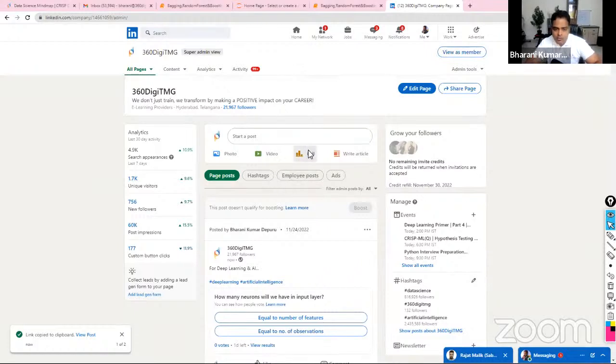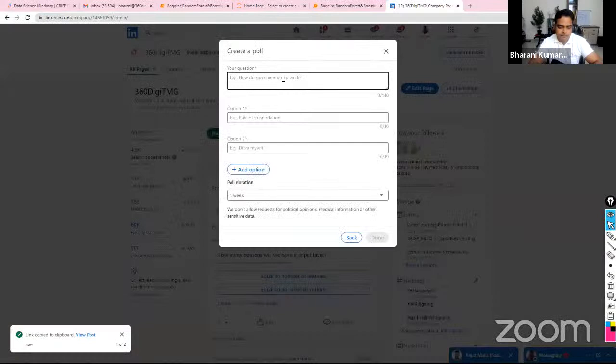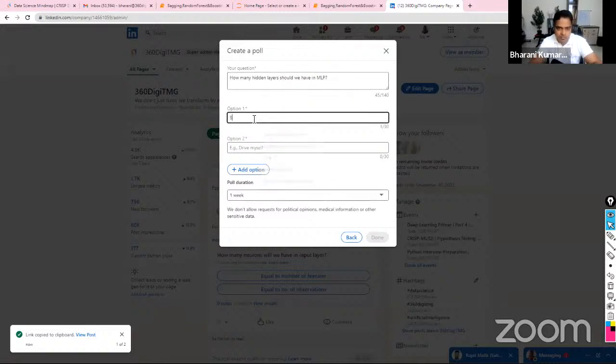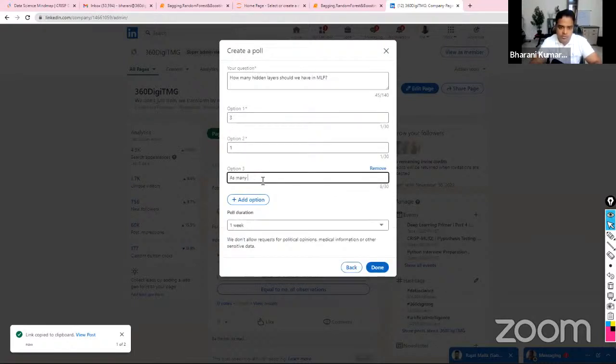Second poll question would be, how many hidden layers should we have in MLP, multi-layered perceptron? 3, 1, or as many as you wish to.